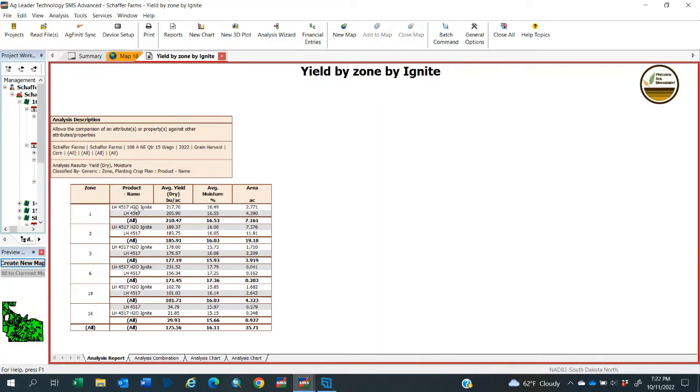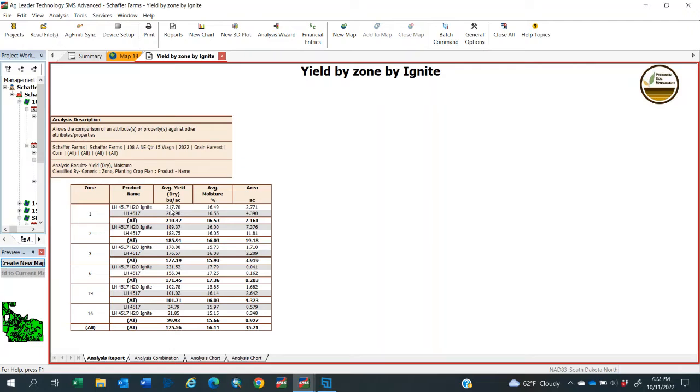It's got water and Ignite, and this variety was planted with starter and Generate. So this water and Ignite is approximately $17-18 per acre cheaper than the starter that was used with the standard variety.